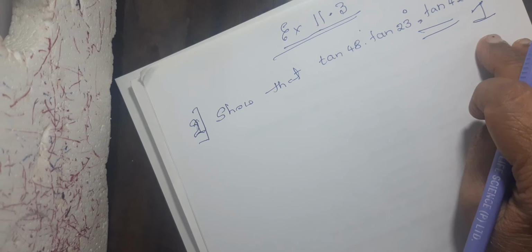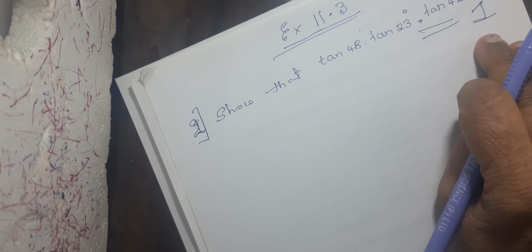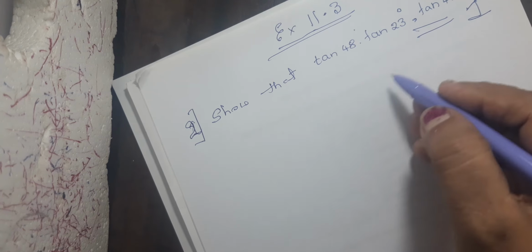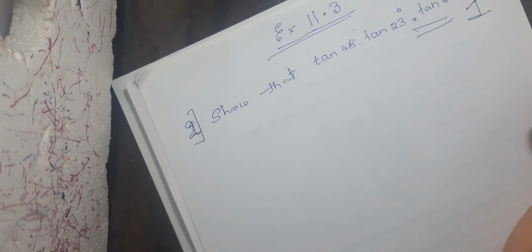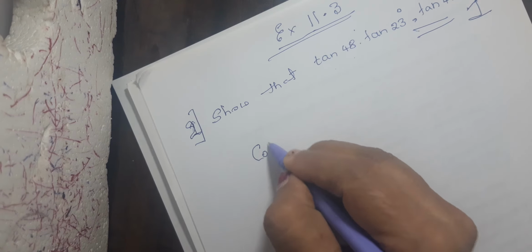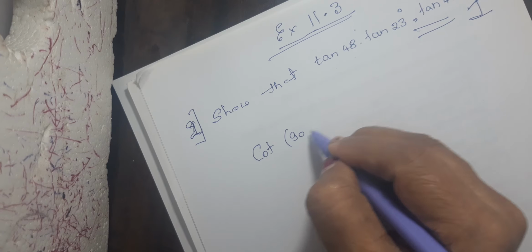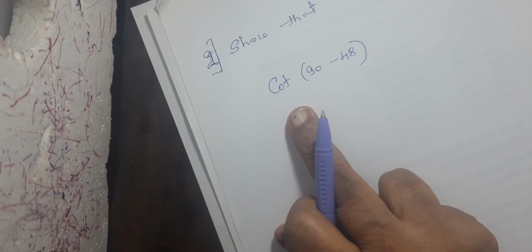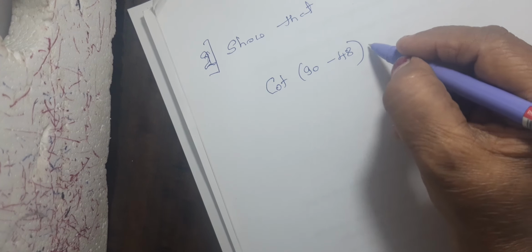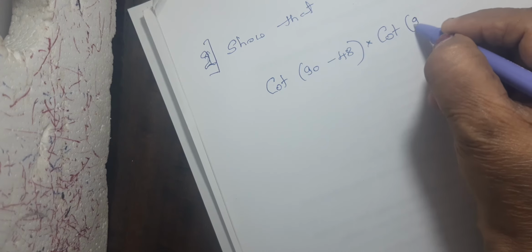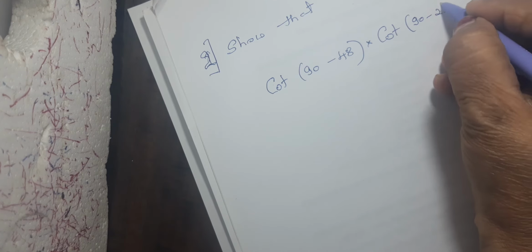So now you have to be careful, you have to change 2 values here. Let's see, you have to use your little sense now. Tan 48 will be cot 90 minus 48, into tan 23, which means cot 90 minus 23.